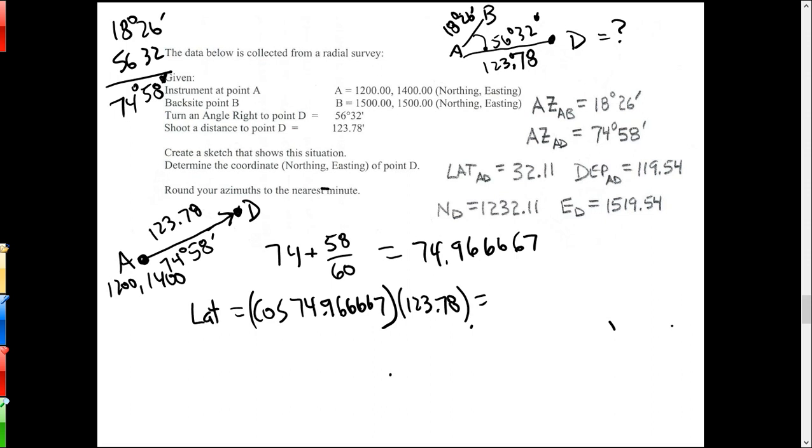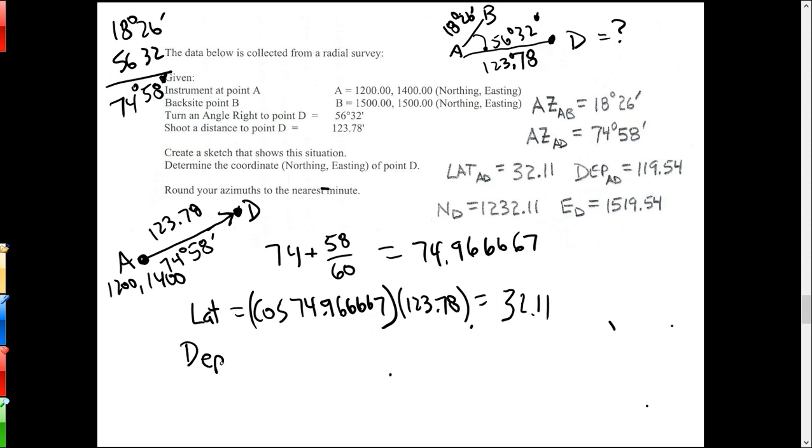And use your memory and all that stuff. It's just more efficient. We'll take a cosine of that, and then multiply it by 123.78. 32.11. Is that right? Yep. We got it. That's good.